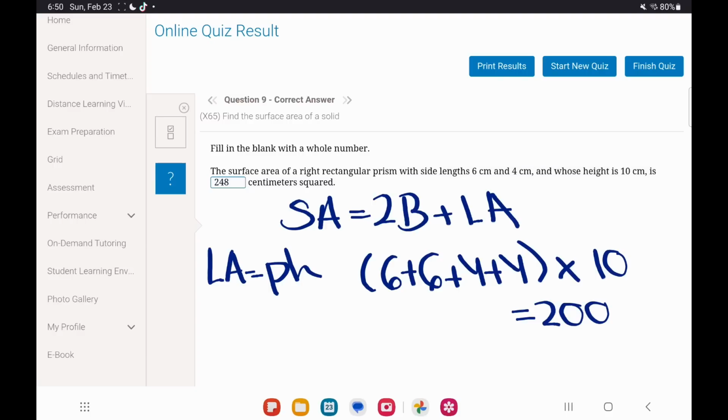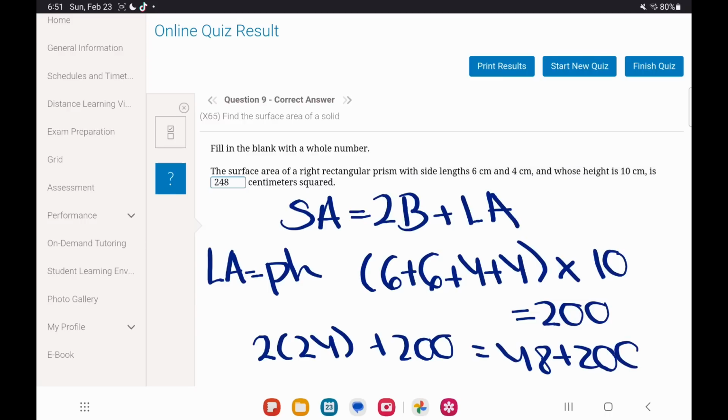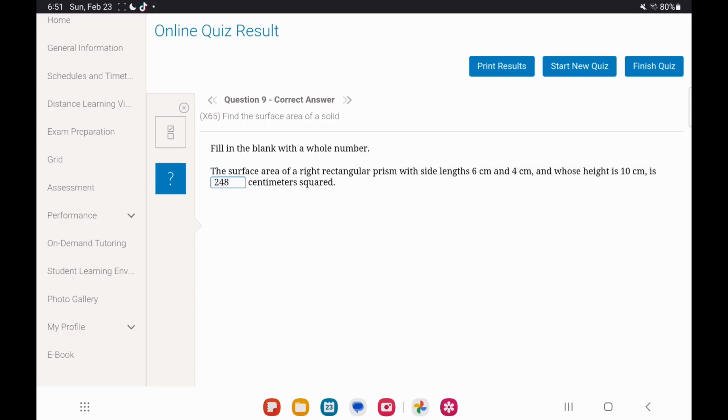The area of a rectangle is length times width, so 6 times 4 is 24. So 2 times 24 plus 200 equals 48 plus 200, and that equals 248.